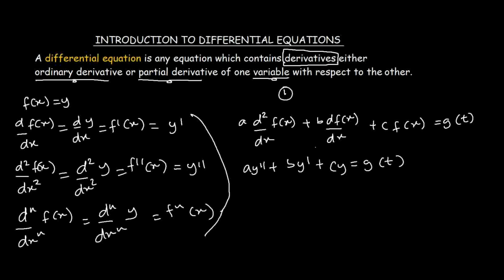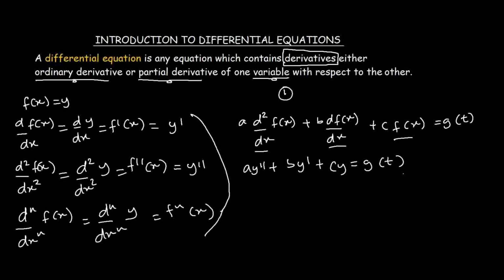And from the definition of a differential equation, we know that any equation that contains derivatives of a function is a differential equation. Looking at this equation here, it contains the derivative of the function f of x with respect to x, and there's another derivative here, and then the function itself is here. So this equation contains the derivative of the function f of x with respect to x. Therefore it is a differential equation.